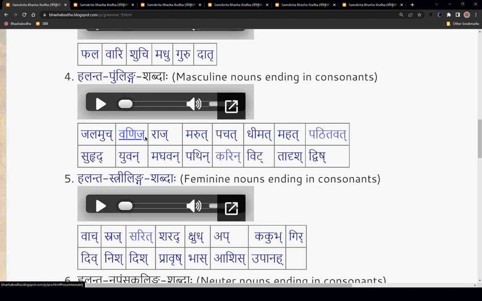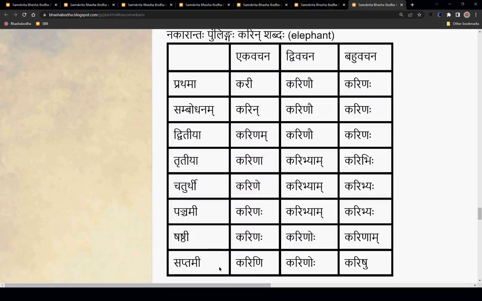Vidyarthin is a better word, which is not given here. Okay, let's take Karin. That's fine. You see Karinaha, because Refa is there, Ra is there, Na is there. But if it is Agami, it says Agaminaha. Na remains there. Agaminaha. Shashti. Agamini. Saptami. Agamina. And Prathama is also like this. Agami. There is no Na there.